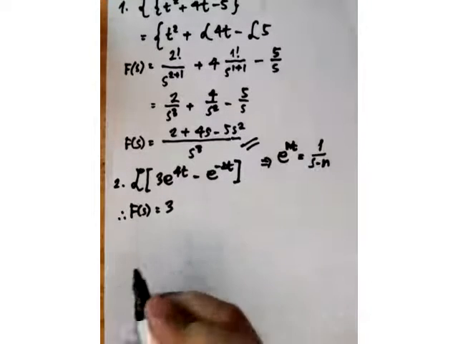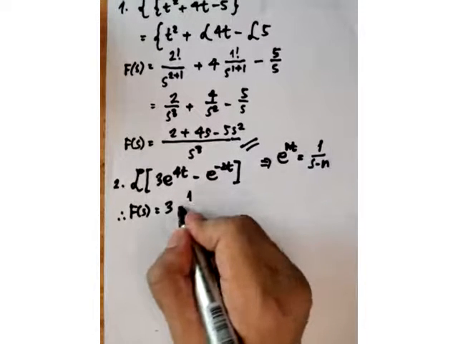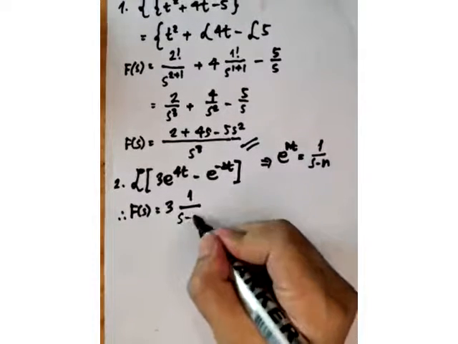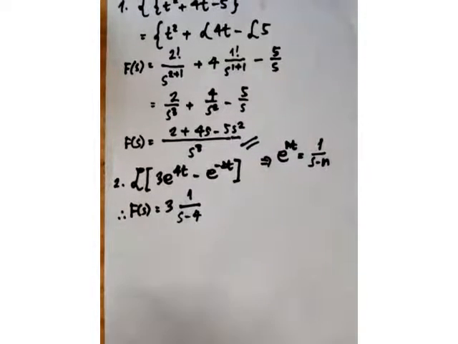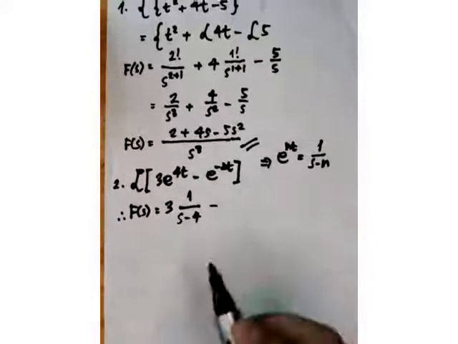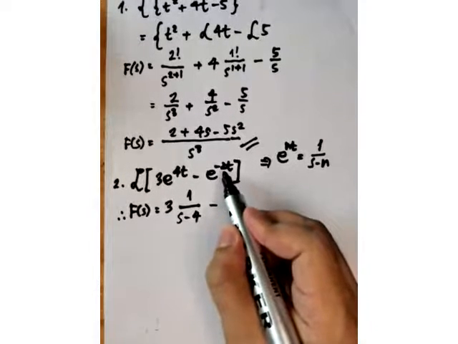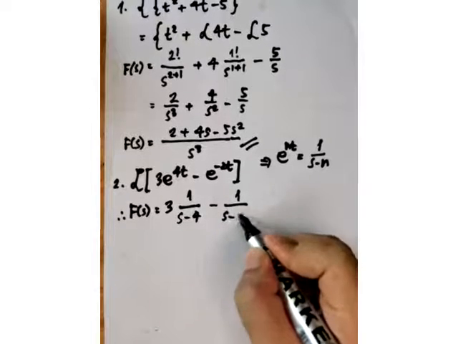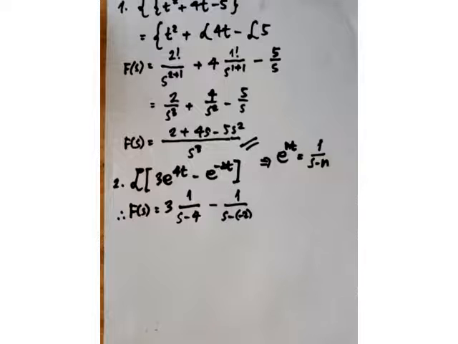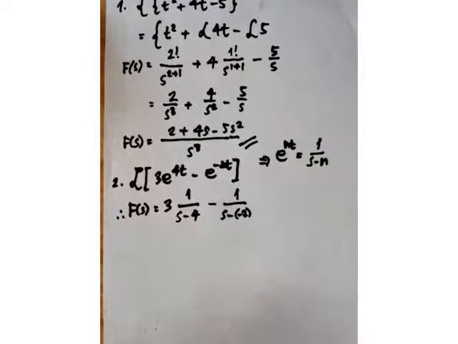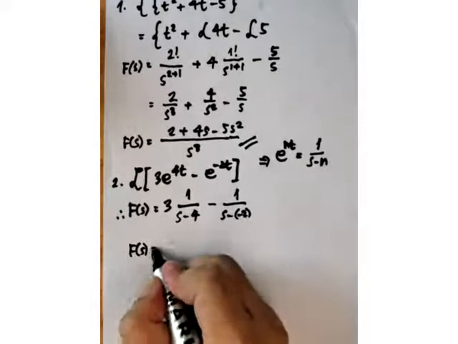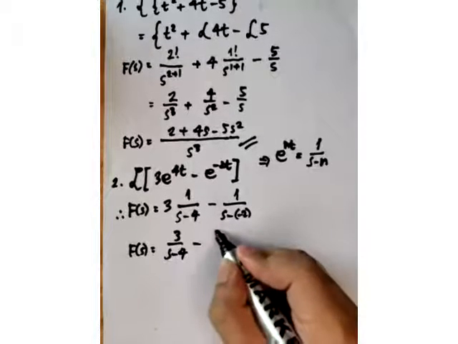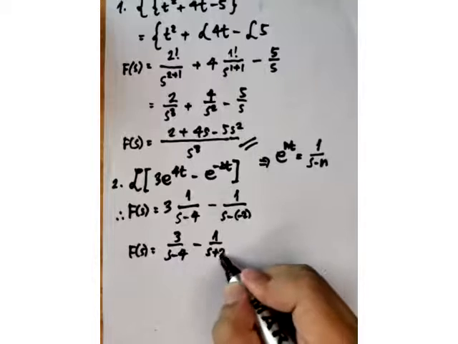So that will be equal to 1 over s minus 4. Okay, minus. Ito naman, ang n natin is negative 2. So that's 1 over s minus negative 2. So therefore, the Laplace transform is equal to 3 over s minus 4 minus 1 over s plus 2.